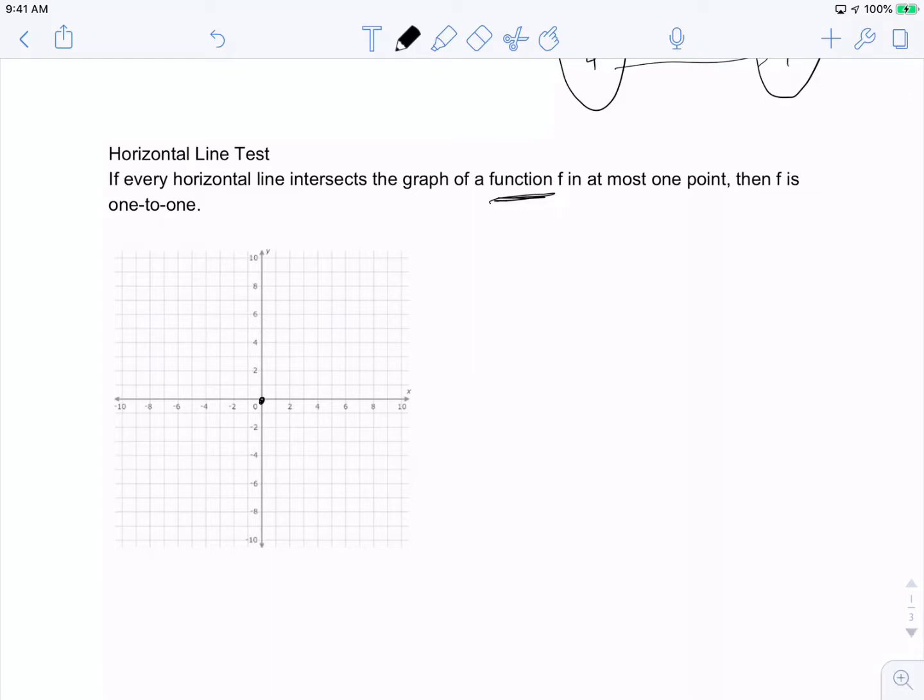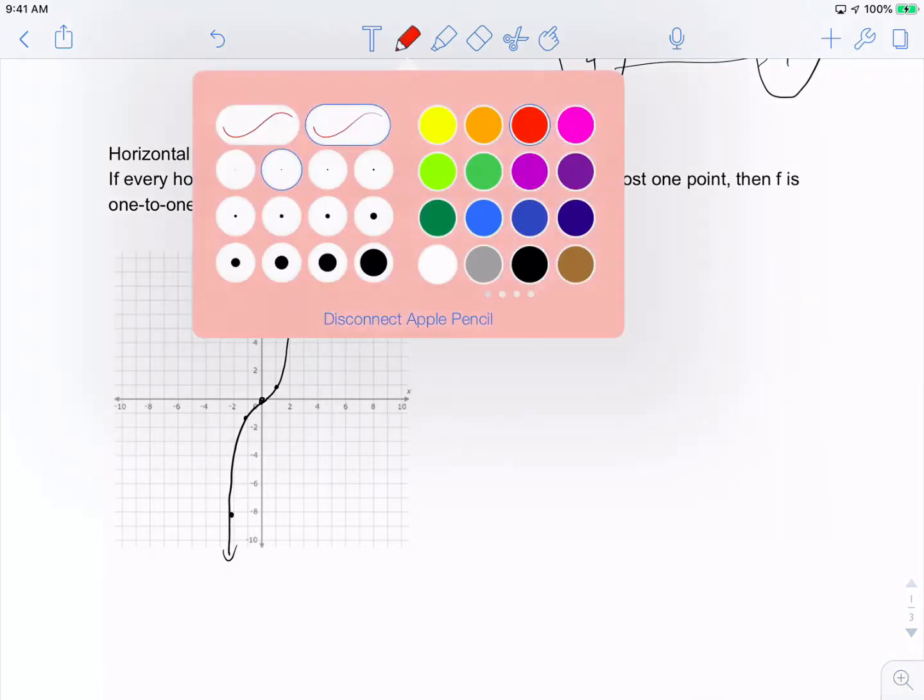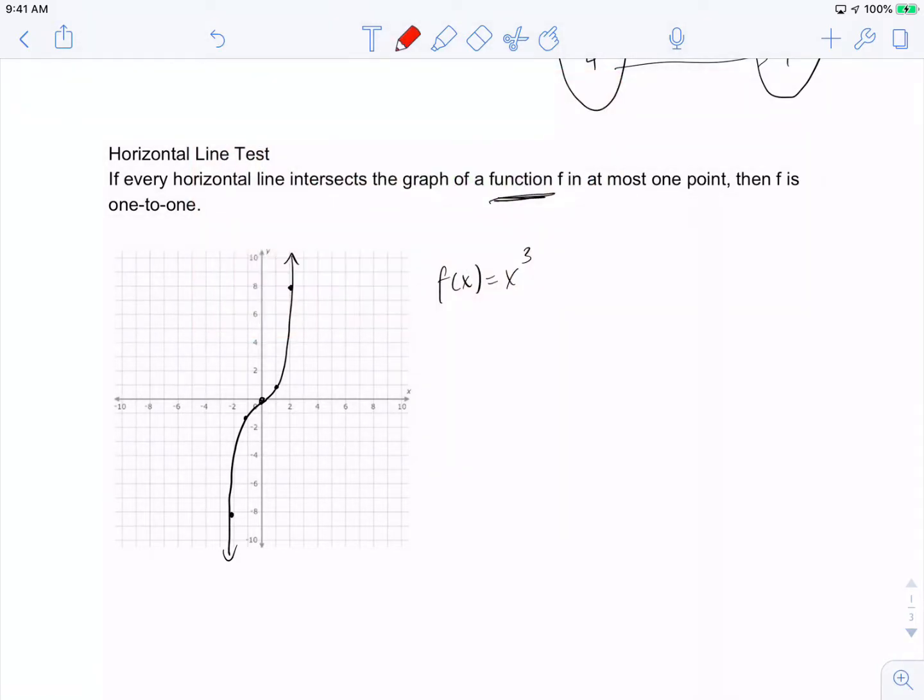So I'll do a quick graph of a function. You all should be familiar with this function now. This is f of x is equal to x cubed. And to show that this is a one-to-one function, we need to take a series of horizontal lines.